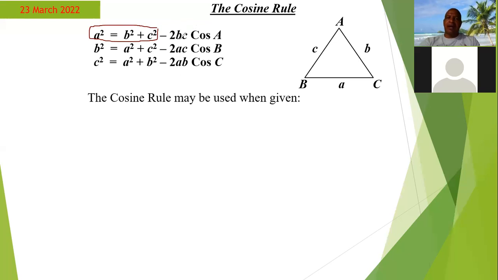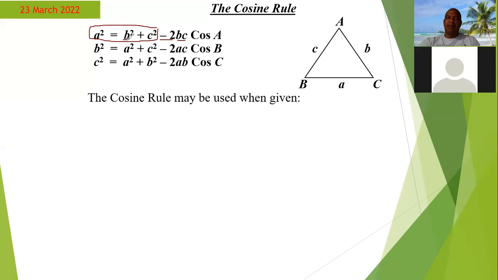Now, in the second part of the cosine rule, we always have a -2 after the first part. Now, we have 2 letters that represent 2 sides beside the 2. Where do we get those 2 letters from?